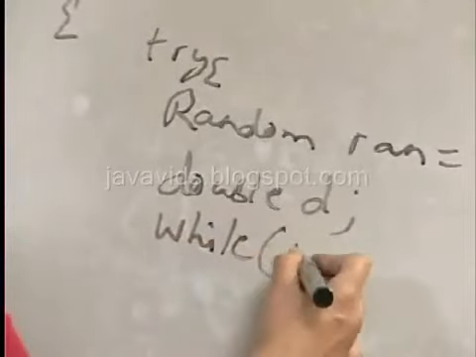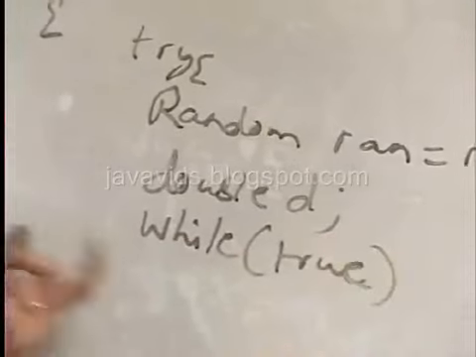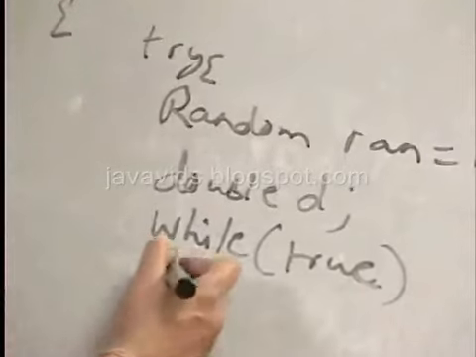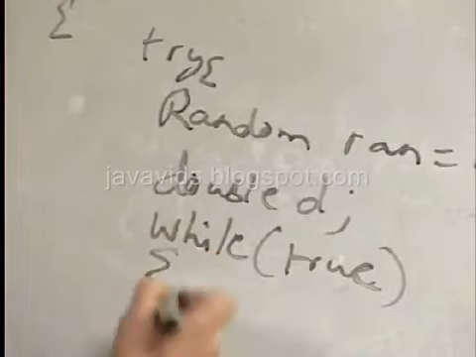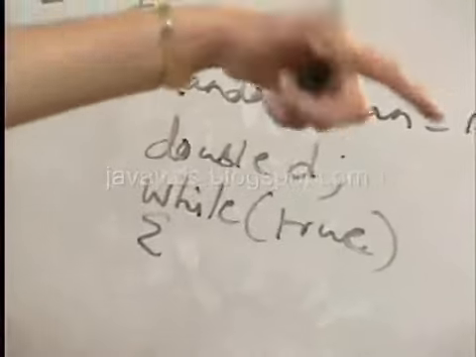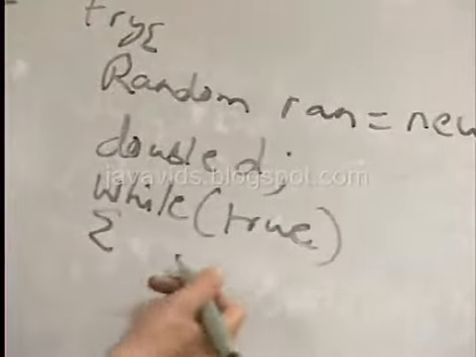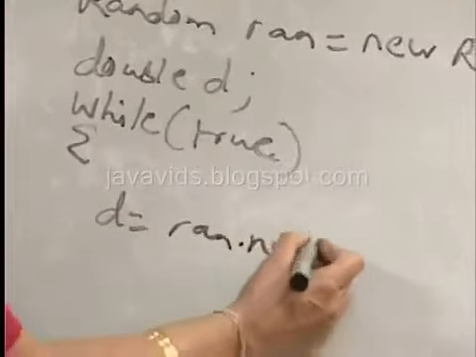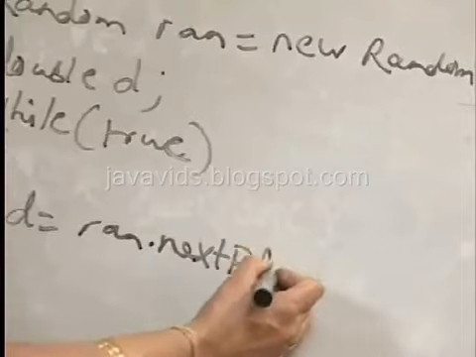We'll have a while true loop, which means we are never going to exit this program execution because of the way we are writing the code here. So in the while true loop we go on generating the number, and there we keep receiving the number to keep displaying the average. So d is equal to ran.nextFloat, which is a method there.